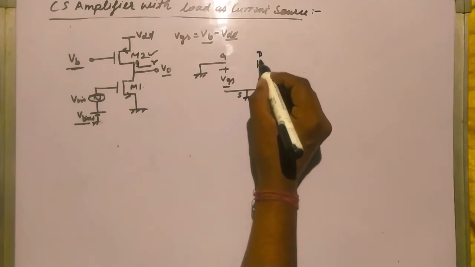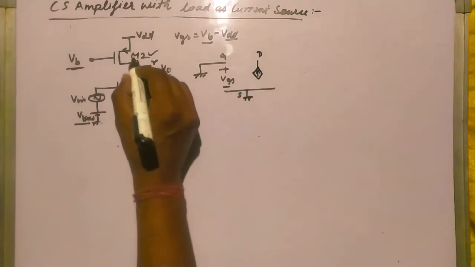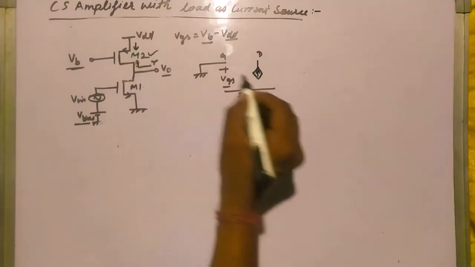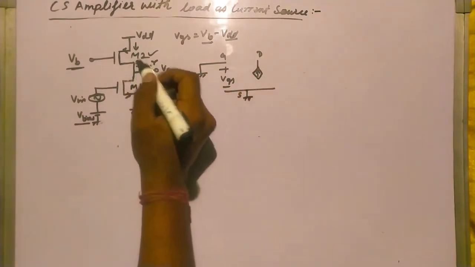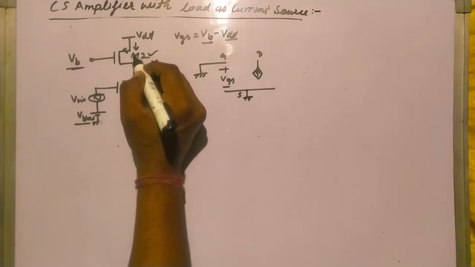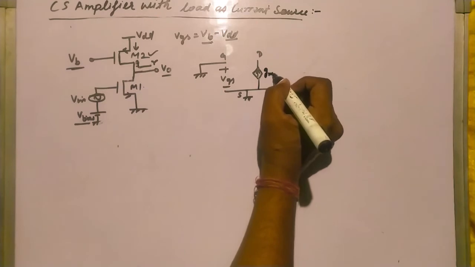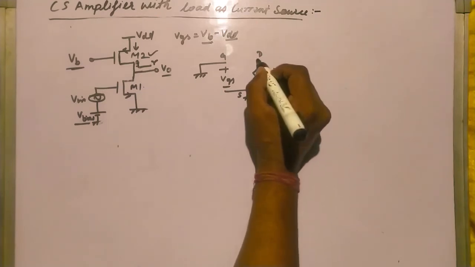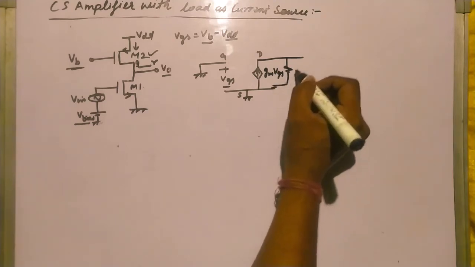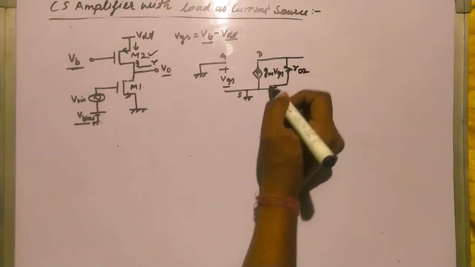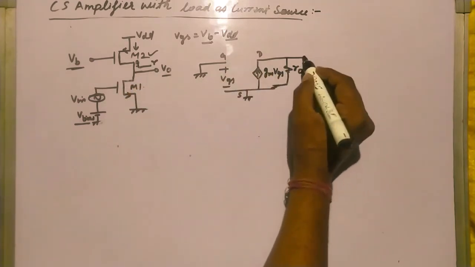So this is my source, and this is drain, and current is flowing from source to drain. It is GM VGS, and I am considering the channel length modulation, so R0 2, the internal resistance. And this is my V0.